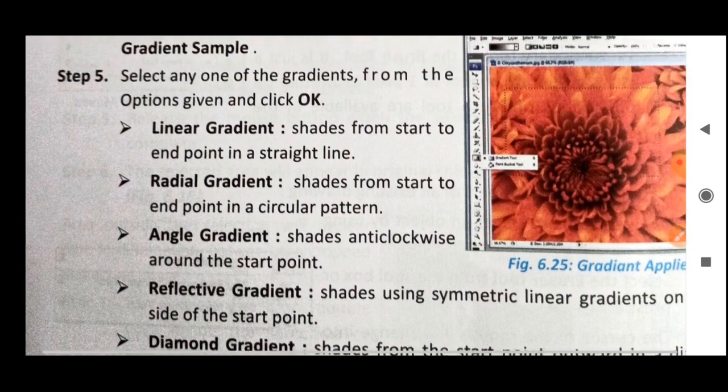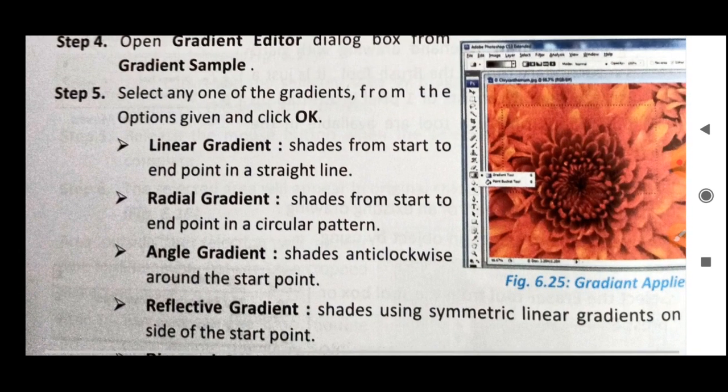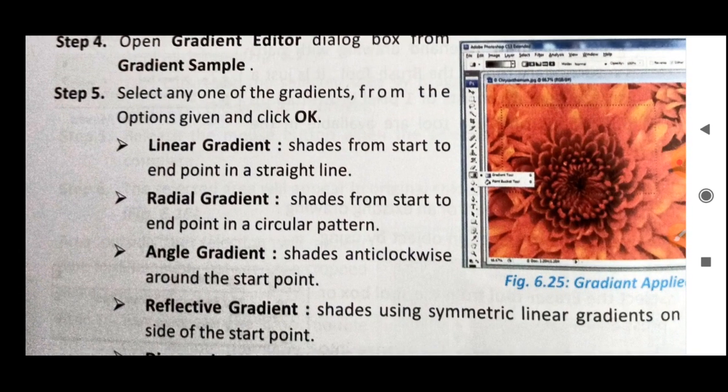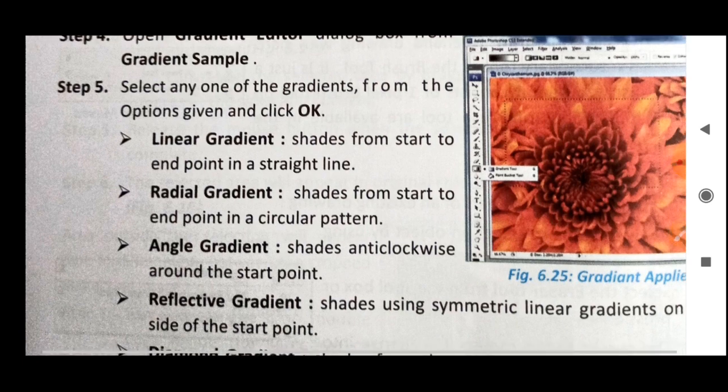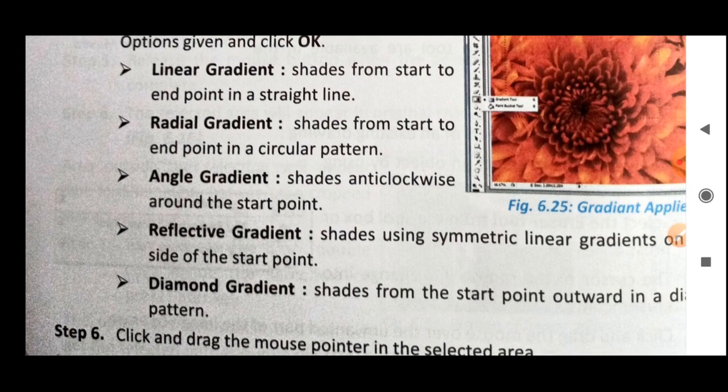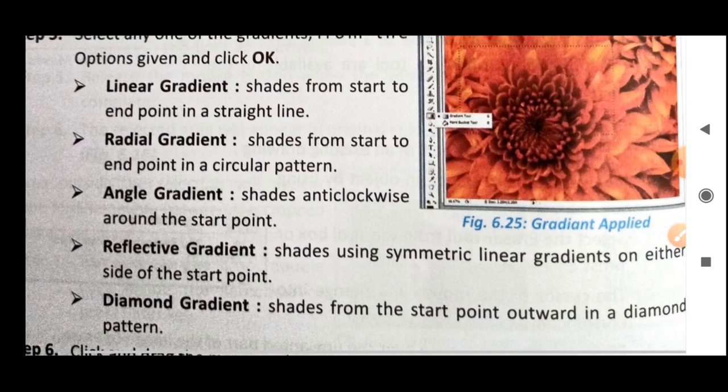There are different types of gradient techniques also available, like linear gradient, radial gradient, angle gradient, reflective gradient, and diamond gradient. As its name implies, that type of gradient tool will work according to its name. Like the linear gradient shades from the start to the end in a straight line. Radial will work in a circular pattern.